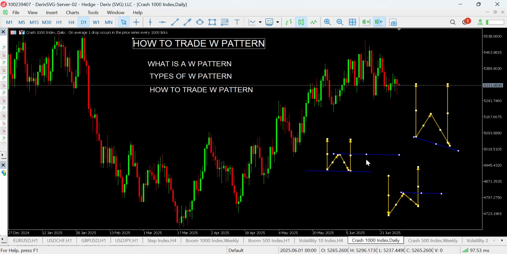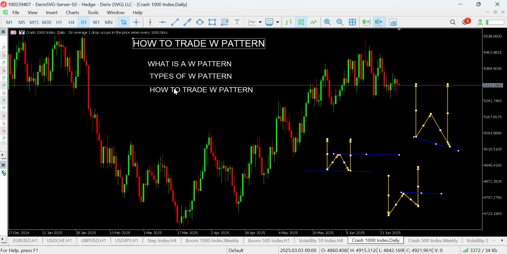So the first variation of the W pattern is where price is rejected from exactly the same level. The second variation is when price is rejected from almost the same level, but the second leg forms a lower low instead of a double bottom. And in the third instance, the second leg forms a higher low instead of a double bottom. But in all three instances, the principle for trading them remains the same.